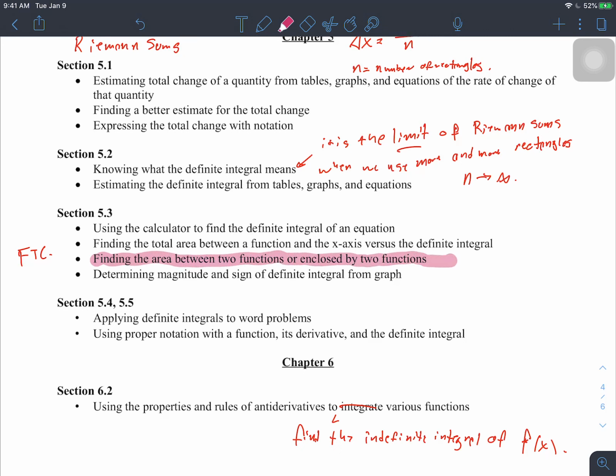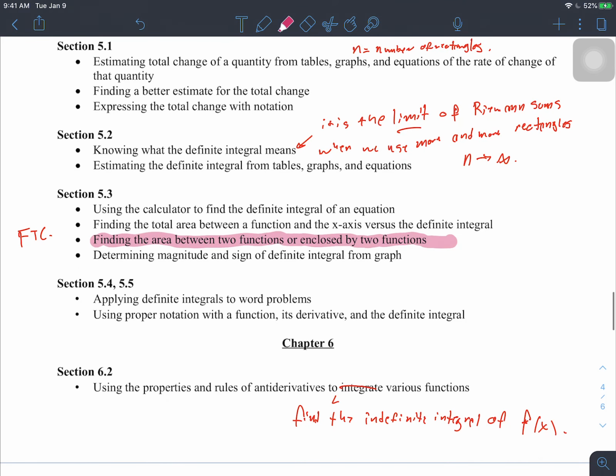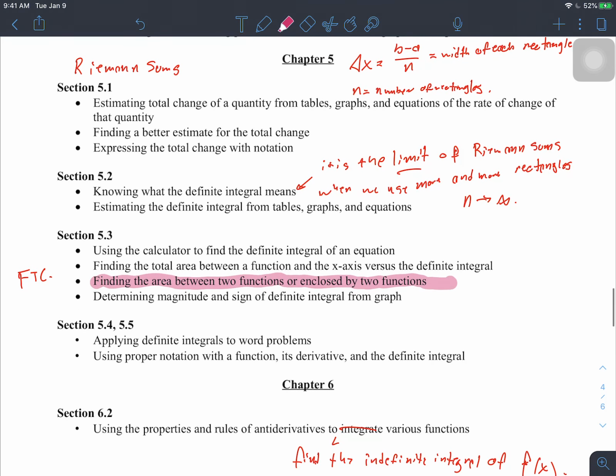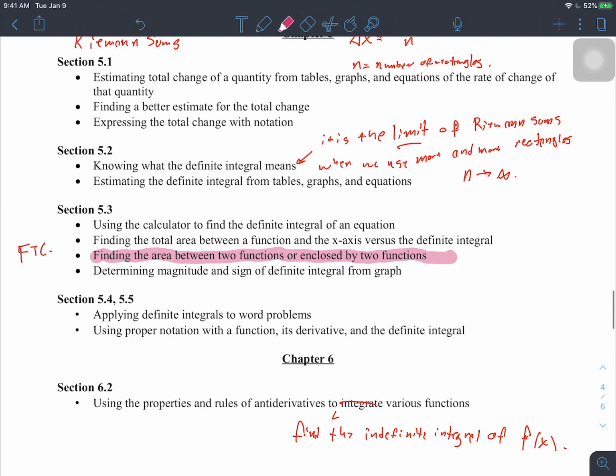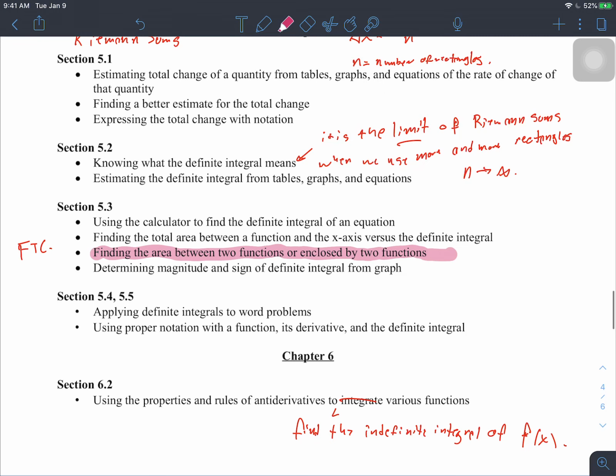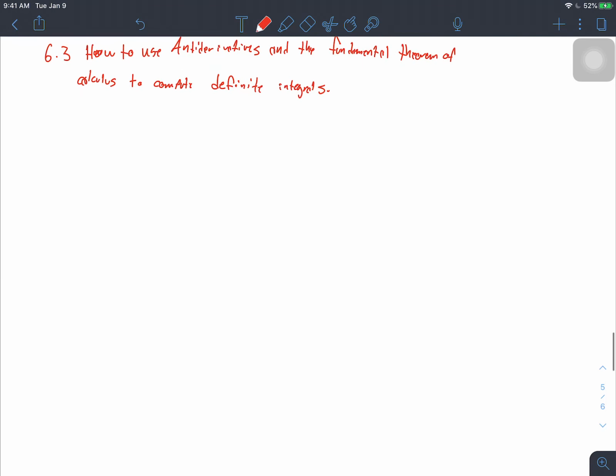And really also knowing the difference between, here it is, finding the total area between a function and the x-axis versus the definite integral, okay? So that's something that I want to touch on really quickly.